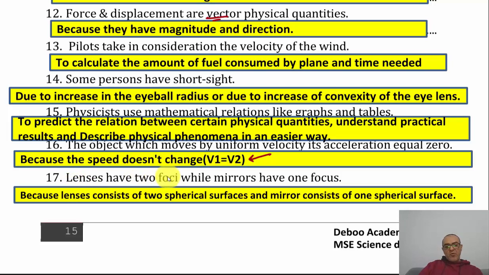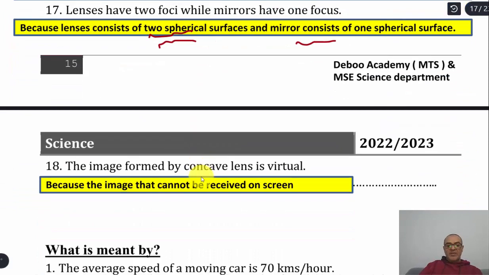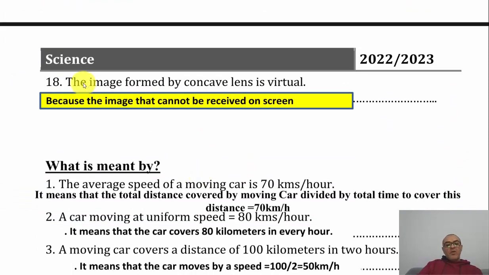Lenses have two focal lengths, while mirrors have one focus, because a lens consists of two spherical surfaces. We said the lens has two spherical surfaces, while a mirror has one spherical surface only. The image formed by a concave lens is virtual. We said virtual means the image comes from extension, and we can't receive it on a screen.